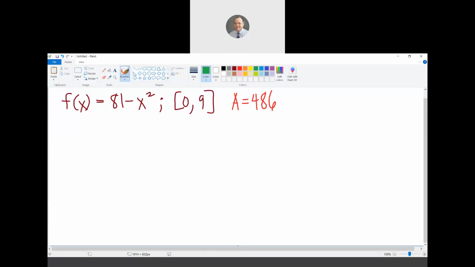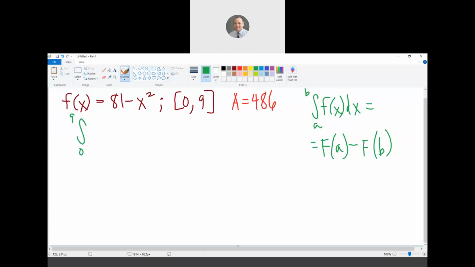Let's use our fundamental theorem of calculus, and I'll put it over here for us. And let's use this to find the area a little bit easier.